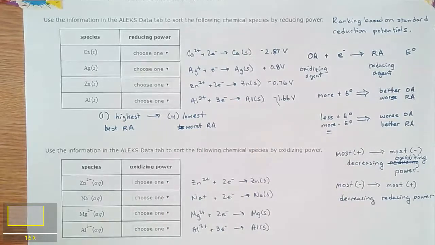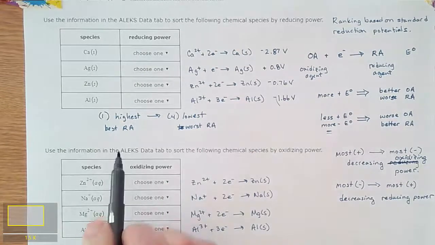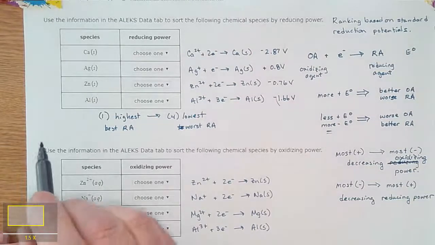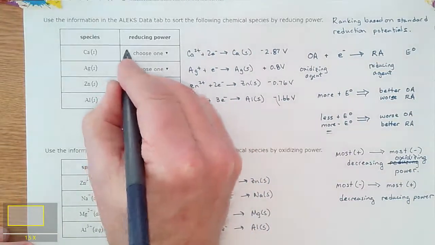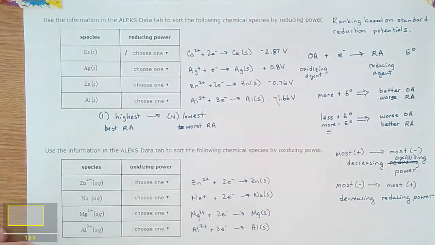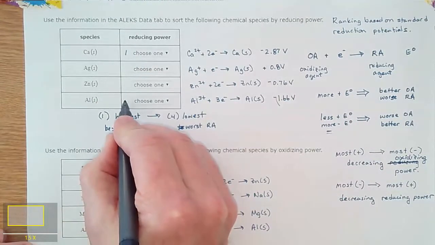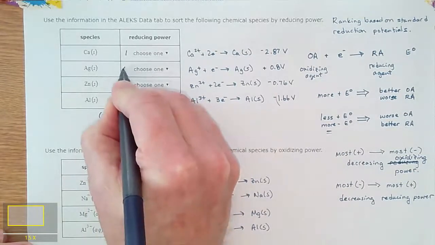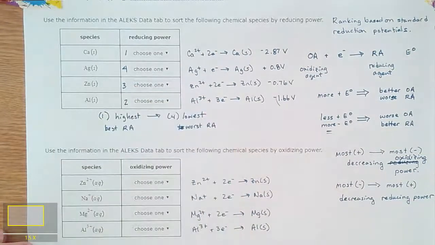If we want to go highest to lowest in terms of reducing power, then we want to go most negative to most positive in terms of the E0s. So we're going to put our calcium as the most negative. That's the first one. Then the aluminum, then the zinc, and then the silver. So 1, 4, 3, 2.